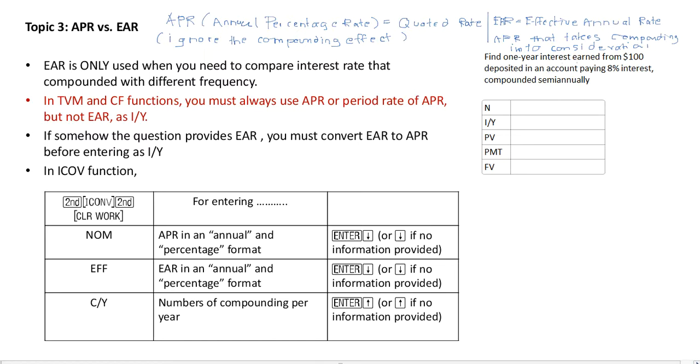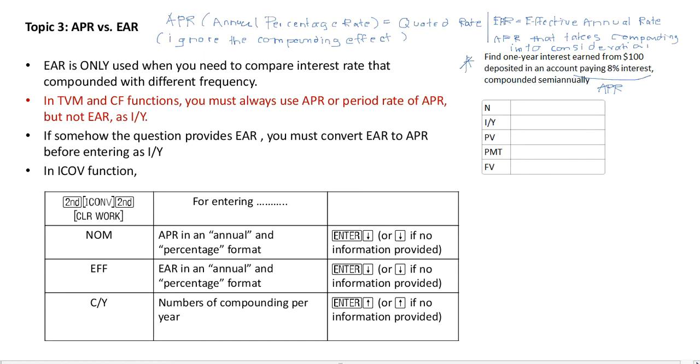Okay, so when you look at this example right here, let's read together. Find the 1-year interest earned from a $100 deposit in an account that pays 8% interest compounded semi-annually. So this interest rate, 8%, that is quoted here is APR.